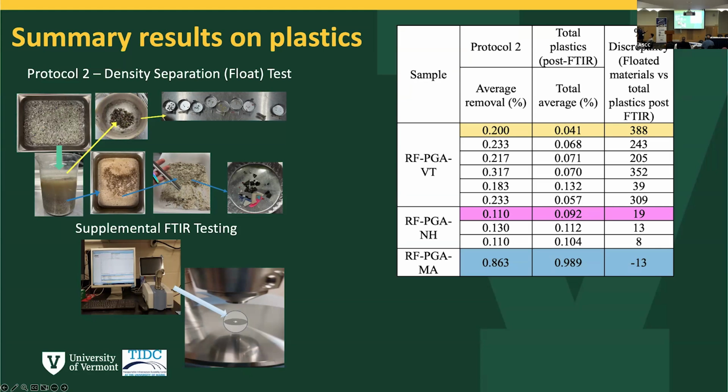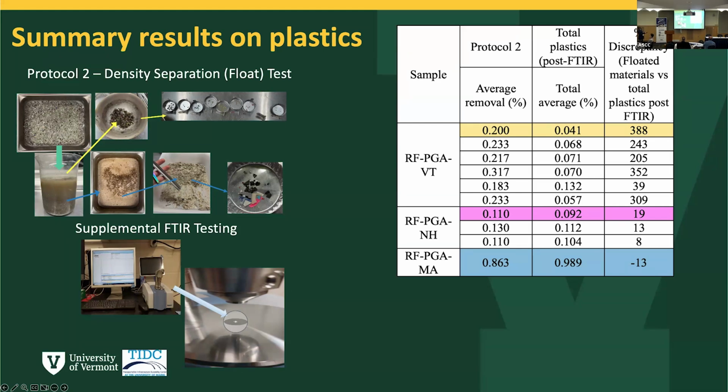The rest was other types of materials that were not plastic. And that was true pretty much for all Vermont samples. Even if we consider everything that floated as plastic, it was very conservative. It was somewhere between 40 to 400% more conservative to assume that it was all plastic.